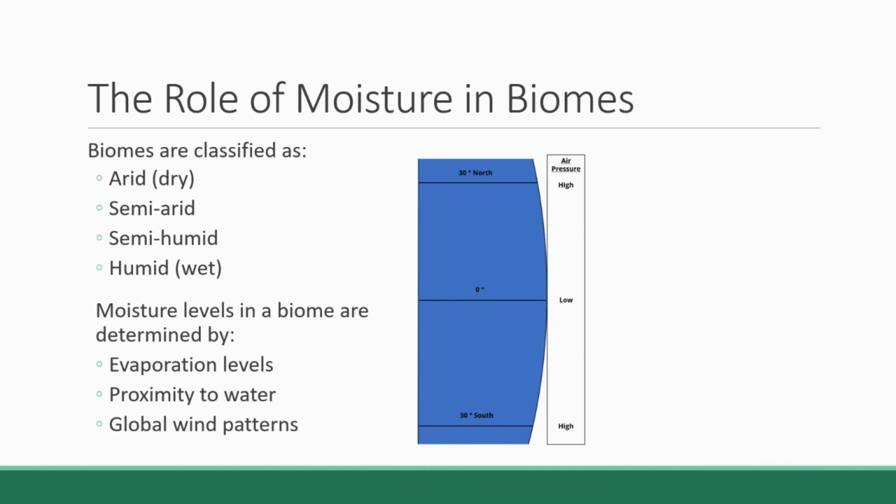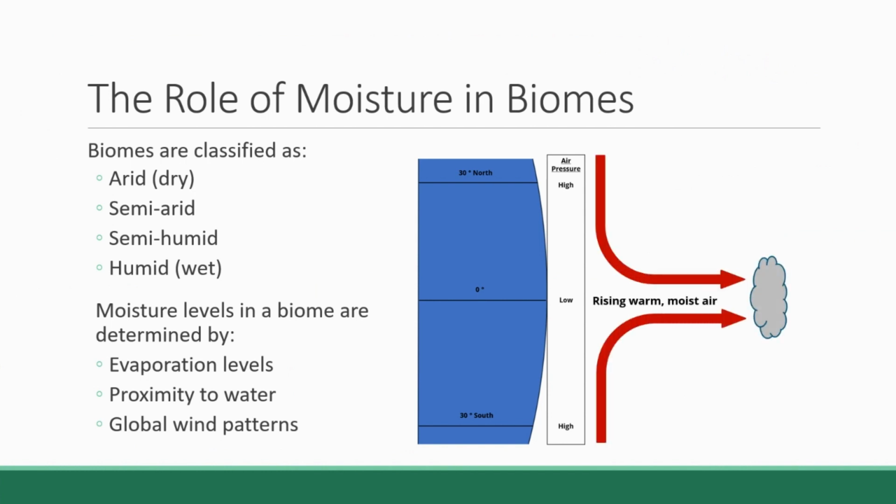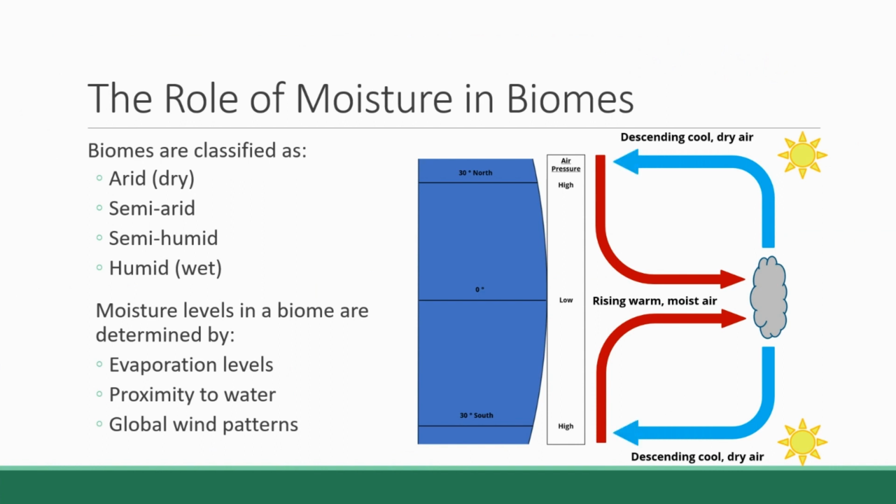So the ocean there experiences more evaporation, and that warm, moist air rises. As it gets higher in the atmosphere, it cools down, condenses, and drops its moisture as rainfall. Now the air is dry, and it keeps traveling through the atmosphere until it descends in the regions around the 30-degree north and south latitude.